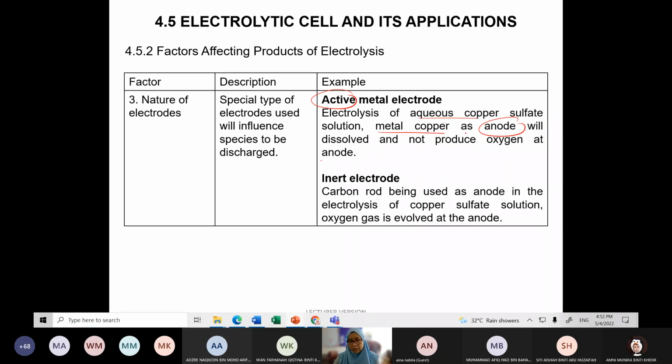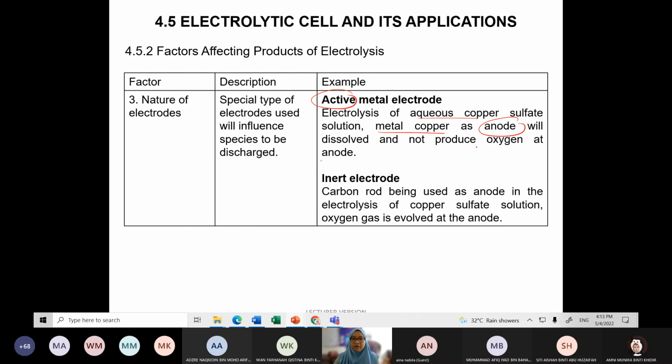Okay, it will be involved in the electrolysis, and then instead of normally water will be discharged. Okay, water will be selected and produce oxygen at the anode. Okay, H2O jadi oxygen. Tapi if active metal like copper is used, and then the copper sulfate is used as a solution.